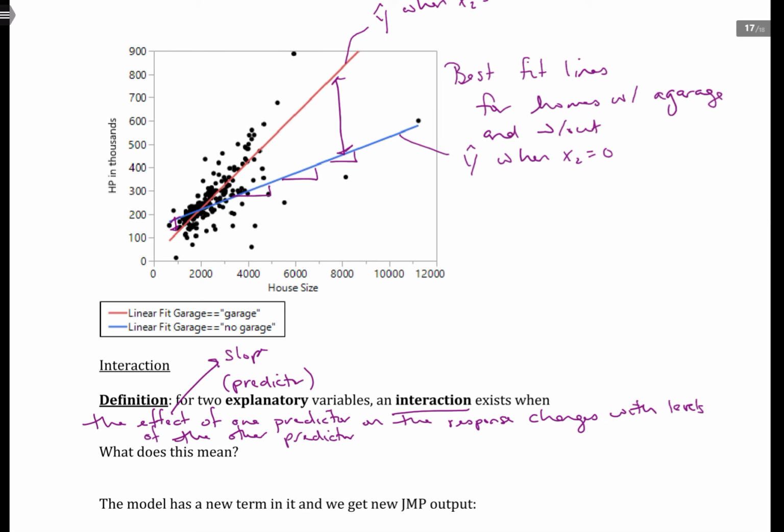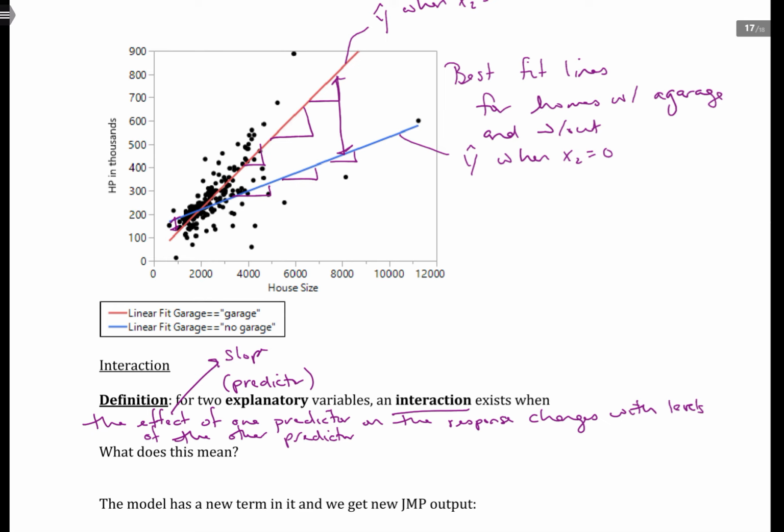For the other level of the garage variable, we see a much bigger effect. Over the same change in house size, we see a much bigger gain in price at that other level. So that is a change in the effect of size for a change in the level of the other variable, x2.